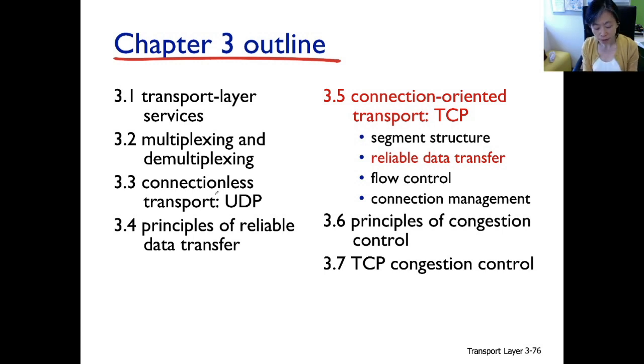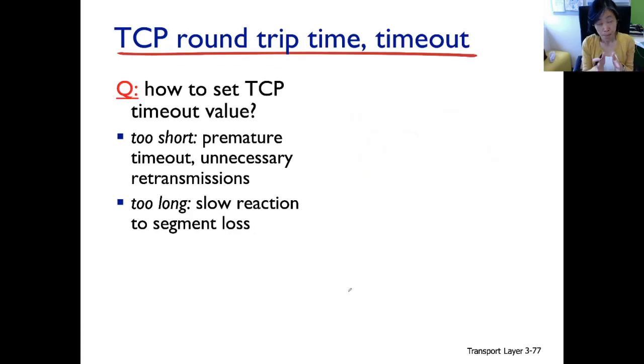So with these out of the way, we can now come back to talk about the reliable data transfer mechanism implemented in TCP. Before Polly shows you the finite state machine of TCP's RDT, let's define this thing first. It's called the timeout interval or timeout value.